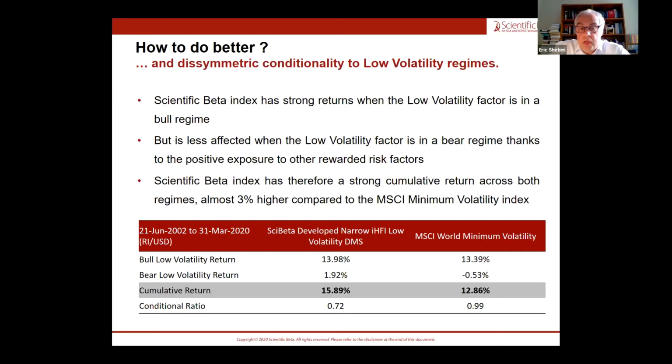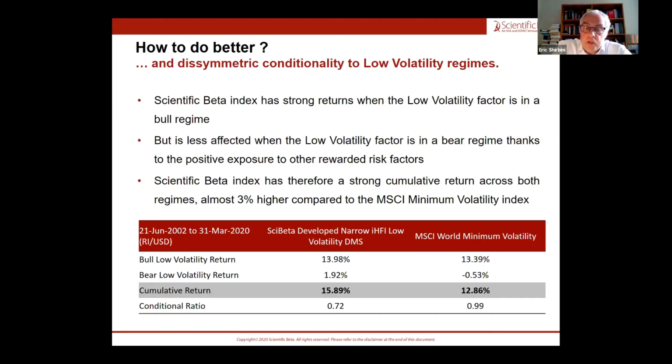But because the ScientificBeta strategy has a slight positive exposure to other factors, we can compensate by having a positive exposure to factors that are doing well, and therefore you end up with a slight positive return even when the low volatility factor is not doing well. At the same time, when the low volatility factor is doing well, so that's the bull low volatility return in the very first row, we're still able to generate just as high a return.